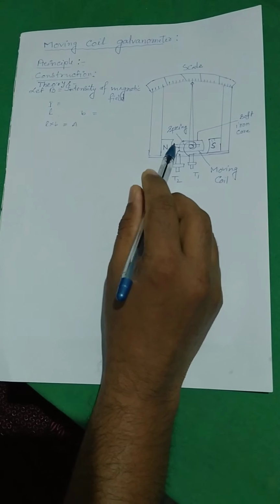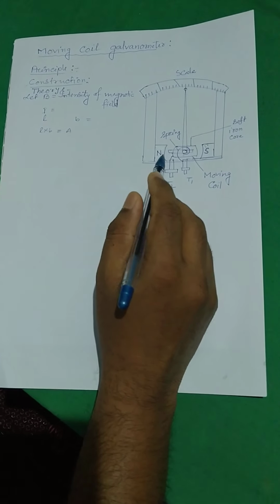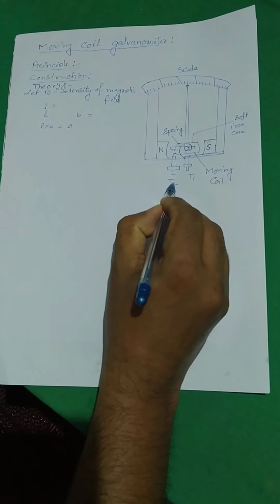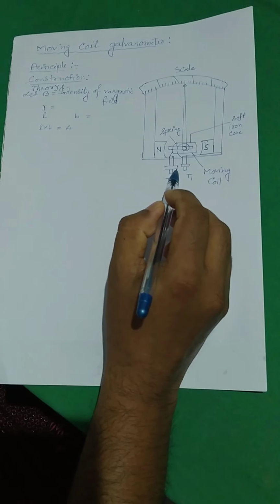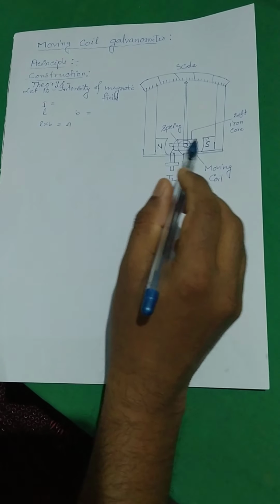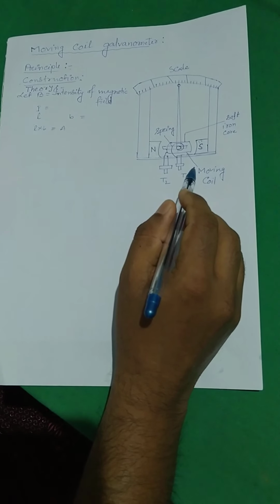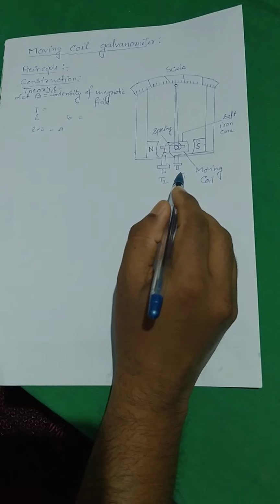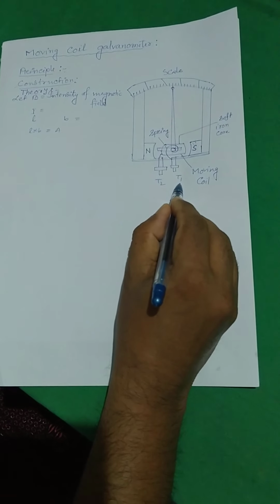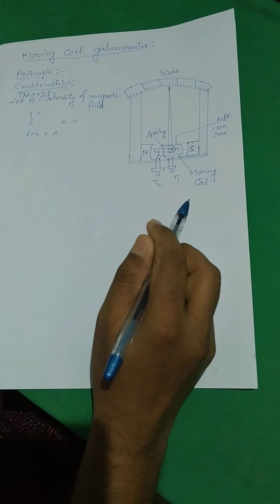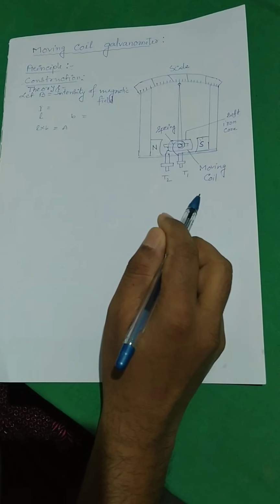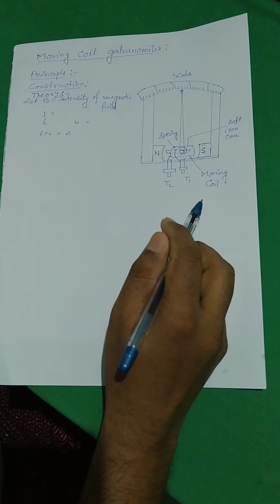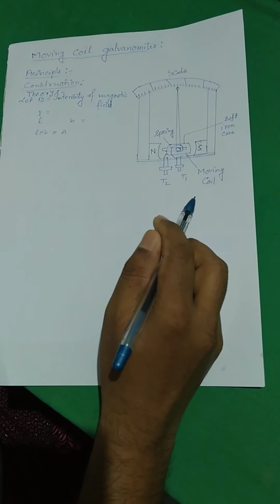The end of the spring is connected to the terminal T2 of the galvanometer. The other end of the coil is connected to a light spring which is finally connected to the terminal T1. The spring exerts a very small restoring couple on the coil.